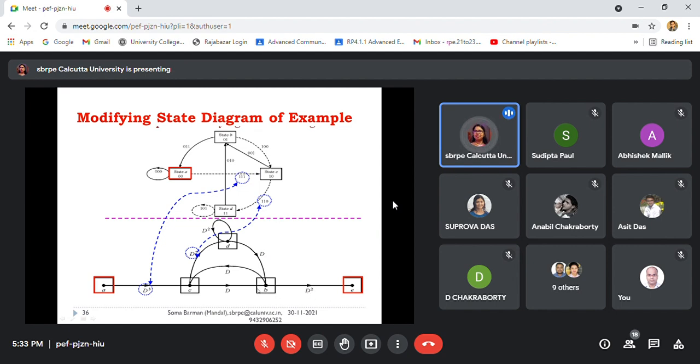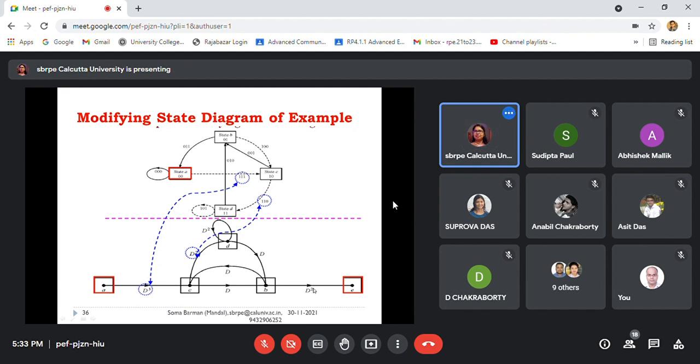So if I take this path, what is your total branch gain or distance? d cube plus d plus d square. That means your powers are added: 3 plus 1 is 4, plus 2, that means d to the power 6.